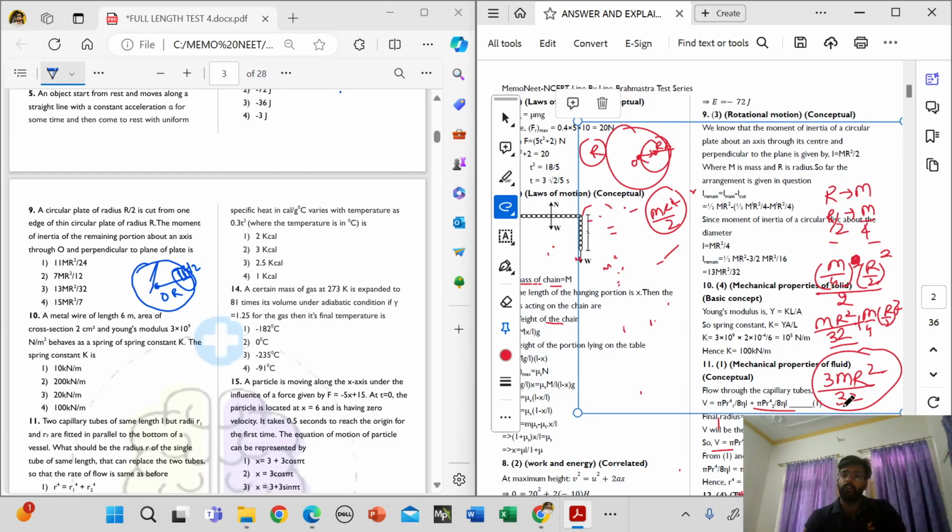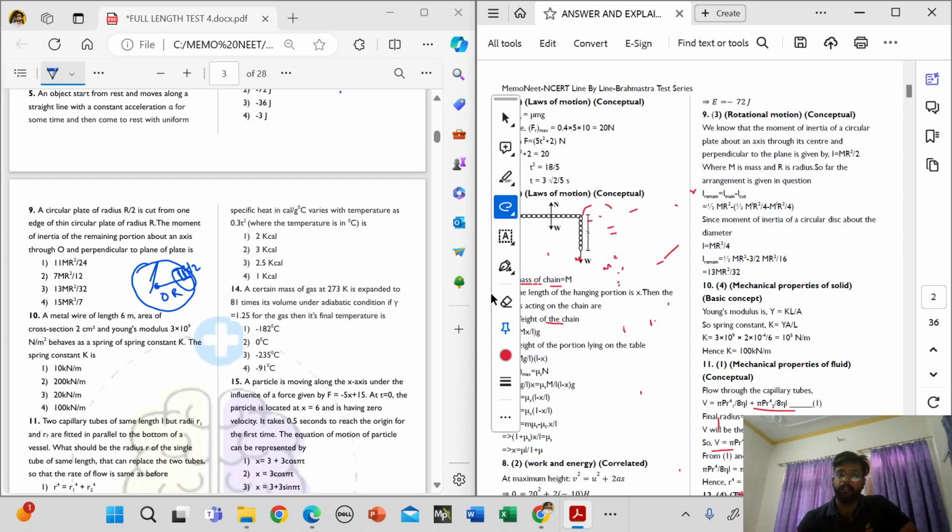We can subtract this small part from the bigger part to get the remaining moment of inertia at center O. So it will be mr square by 2 minus 3 by 32 mr square, and we get the answer 13 by 32 mr square.